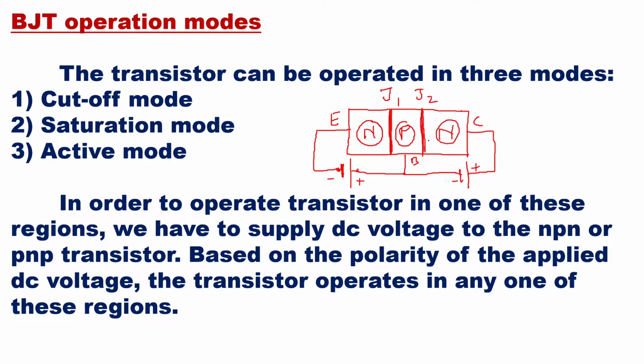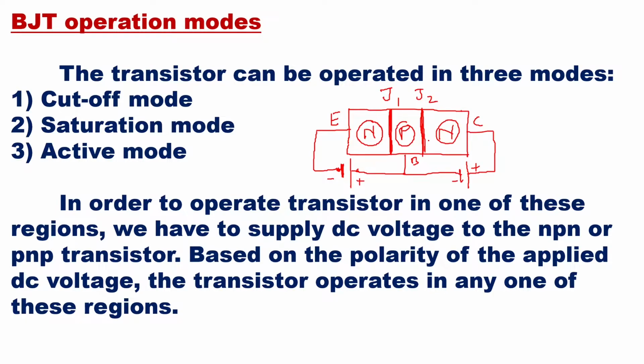So depending upon whether your first junction is forward bias or reverse bias, and the second junction is forward bias or reverse bias, depending upon whether you're using an NPN or PNP transistor, and depending upon what polarity voltages you apply to the first and second junctions, you can decide in which mode you want to operate your BJT, whether cutoff mode, saturation mode, or active mode.